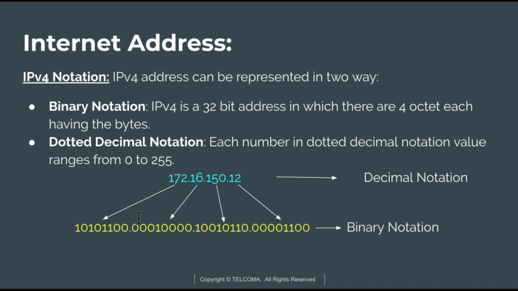So to make it compact and easy to read and remember, we use the decimal notation. These binary bits are represented in decimal notation as 172.16.150.12. The range of the decimal notation starts from 0 and goes to 255. So this is the decimal notation and this one is the binary notation.